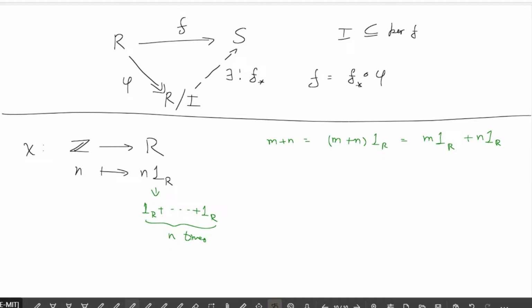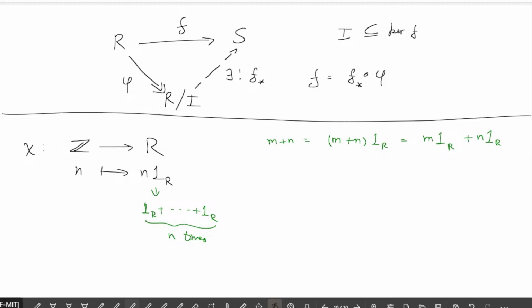No, don't say distributivity, because this m and n are not elements of the ring R. You just look at the definition. What is (m plus n) times 1? It is 1 plus 1 plus ... (m plus n times). That means m times plus n times. That's all. Not distributivity.